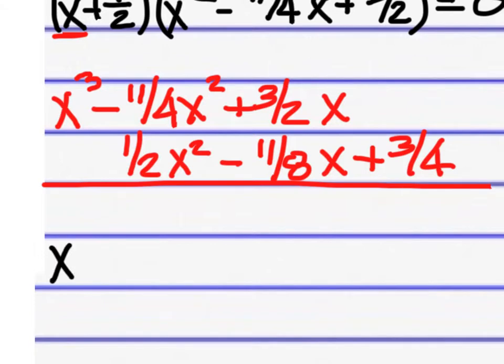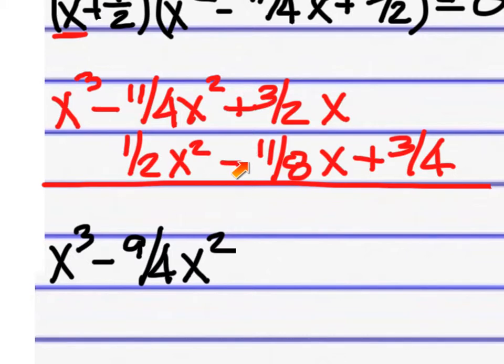We have x to the third, and then here we have negative 11/4 plus 1/2. If I change this half to a denominator of 4, that means it would be 2 over 4. Negative 11 plus 2 is a negative 9. So a negative 9/4 x squared. 3/2 minus 11/8.